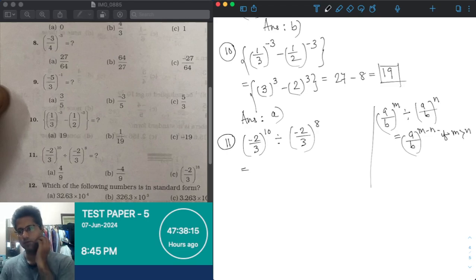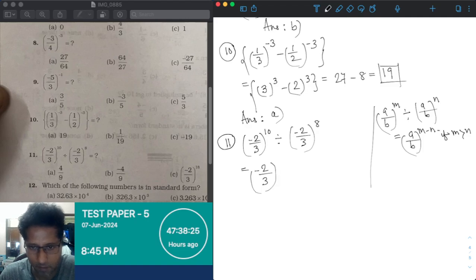In this case m is 10 and n is 8, so 10 is greater than 8. As per the formula, this becomes minus 2 by 3 raised to the power 10 minus 8. So this is minus 2 by 3 raised to the power 2, and this is minus 2 raised to the power 2 divided by 3 square.